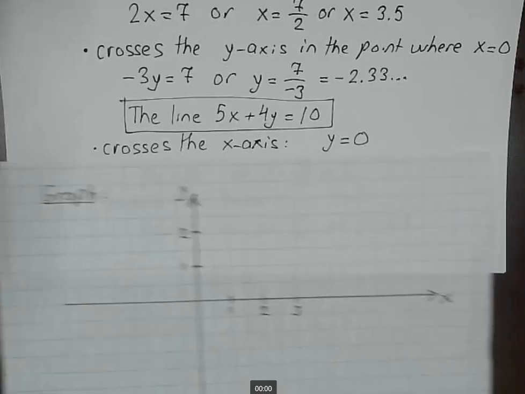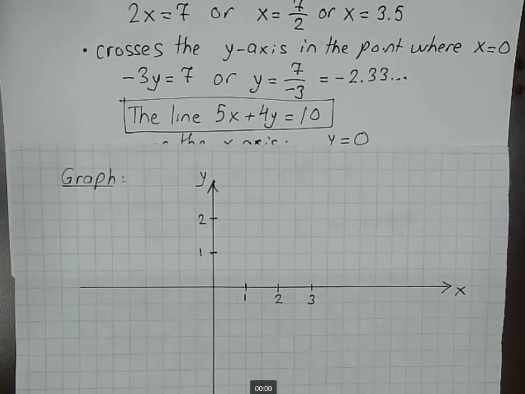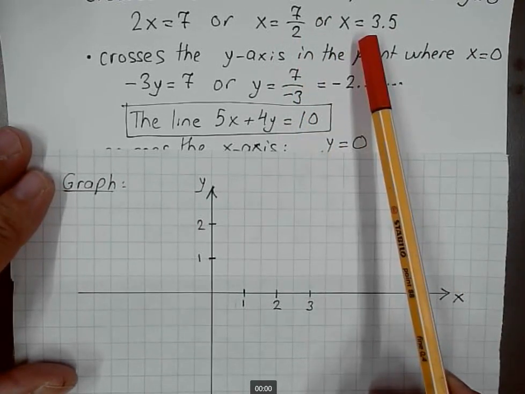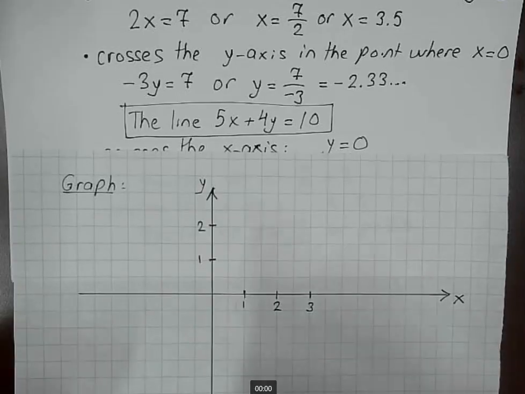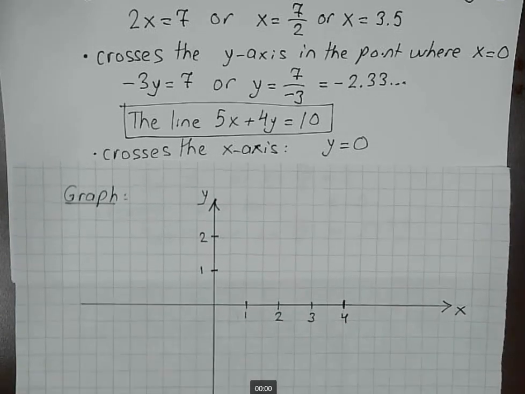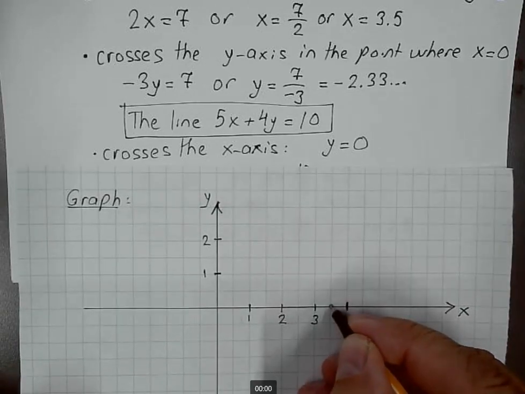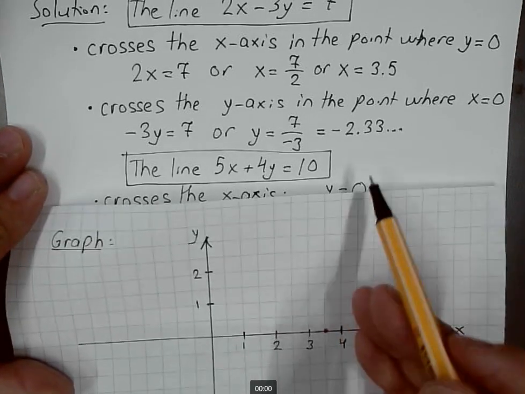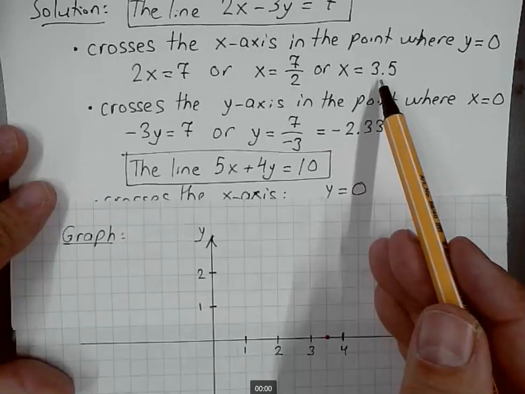And the first point, or the first line, it crosses the x-axis in the place of x equals 3.5. So that must be this point here, 3.5 here. This is one point of that line, 3.5 there.